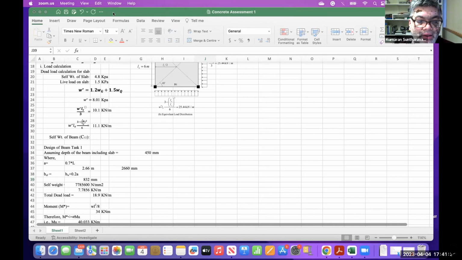Is that clear? And then once you have the dead load, you need to add the self height of the beam. So you'll have the total dead load for the beam and the live load. Then you put the factor.